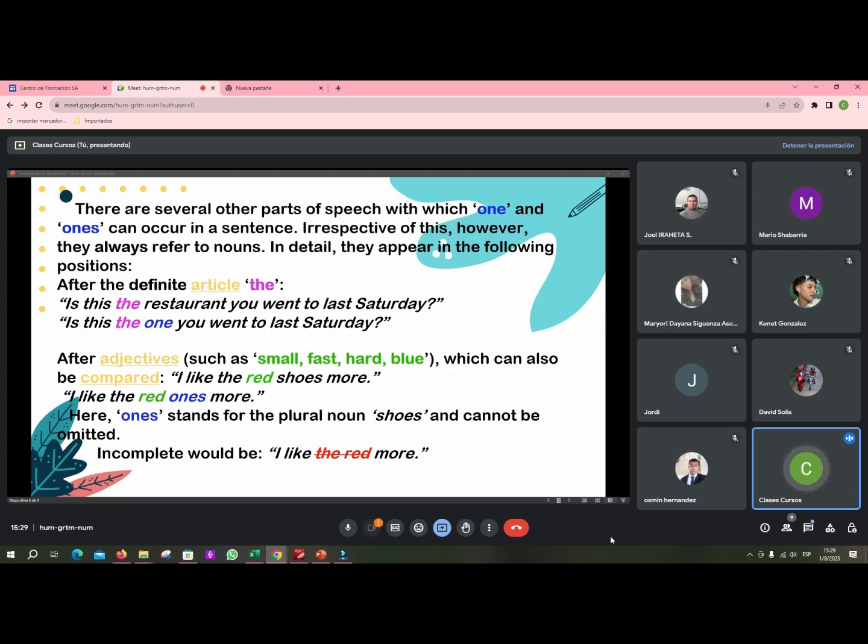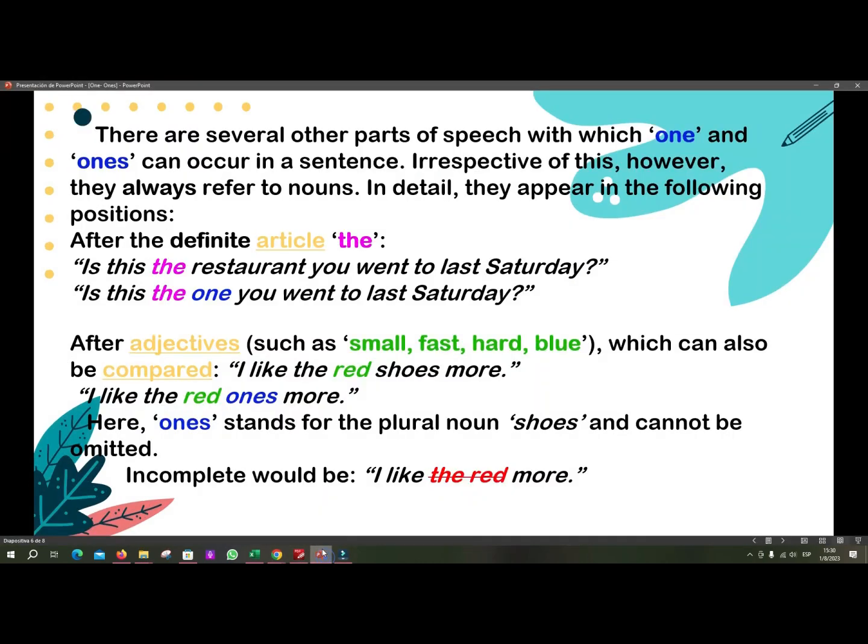In this case, you use the pronoun ones after the adjective, because shoes is plural. Here ones stands for the plural noun shoes and cannot be omitted. You cannot omit the pronoun in that case, okay?